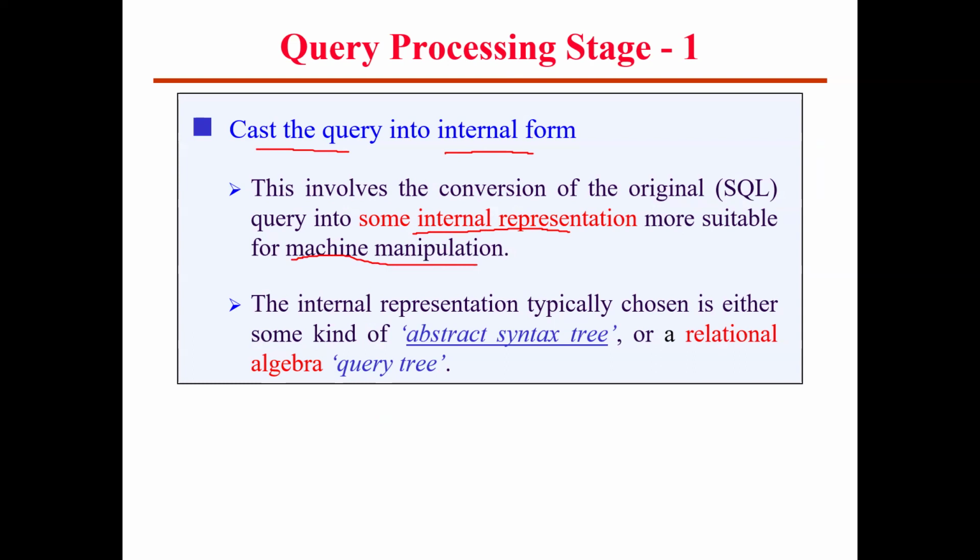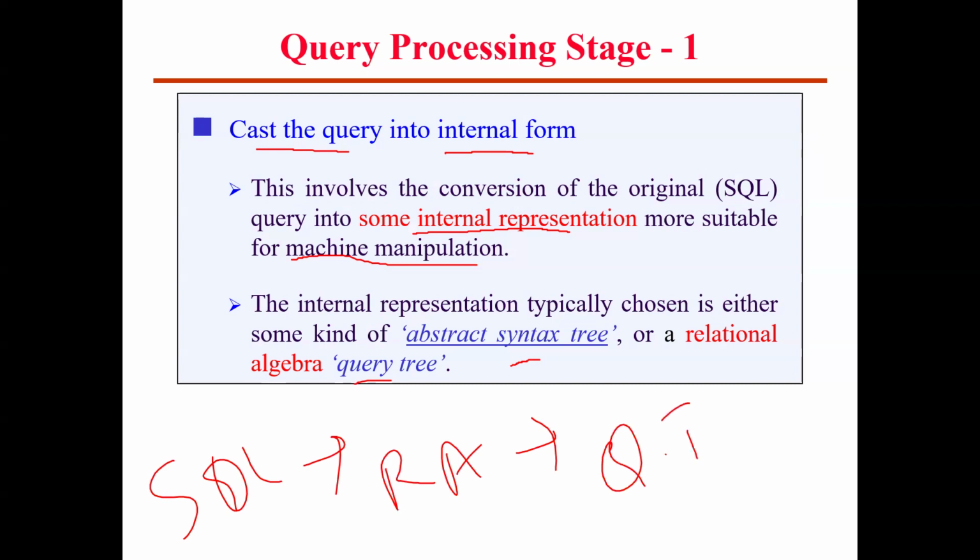The internal representation typically is chosen in the form of an abstract syntax tree or a relational algebra query tree. So SQL is converted into relational algebra, then relational algebra is converted into a query tree. This is query processing stage 1, and then the best query tree is executed.